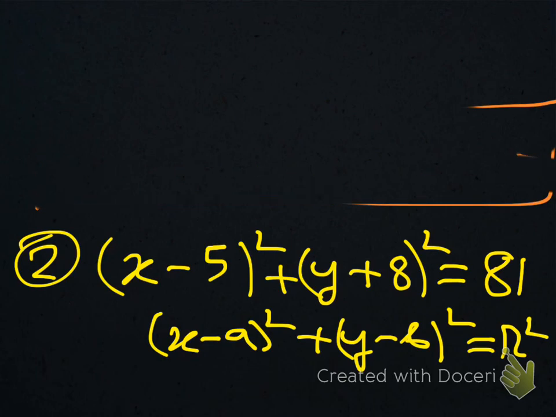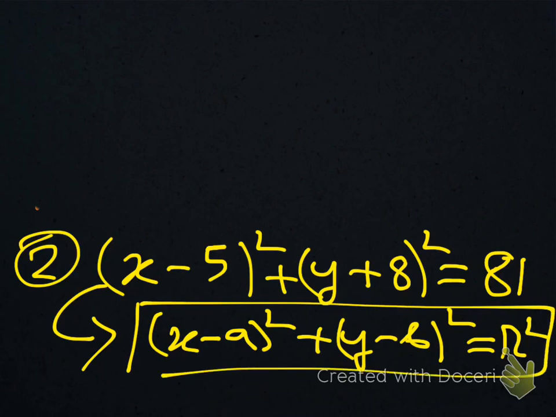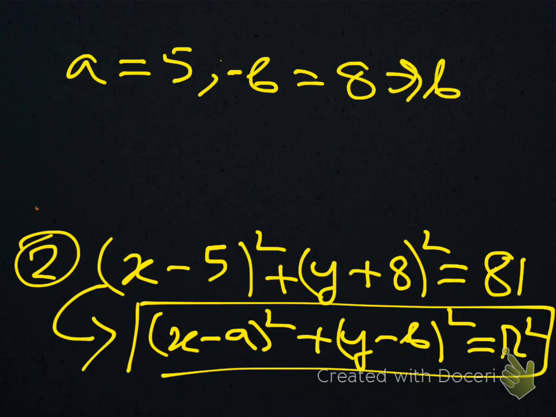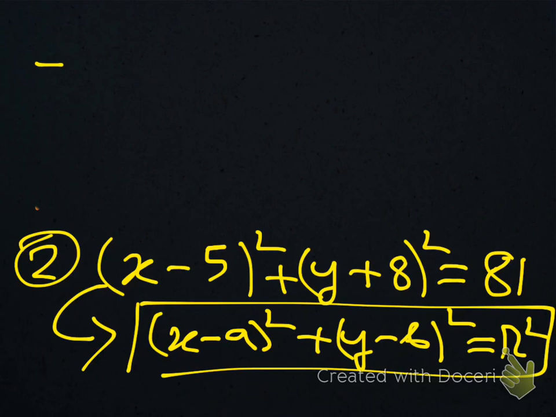So if we compare this equation with the general equation of a circle, we'll know that a is equal to 5, because minus a is minus 5.